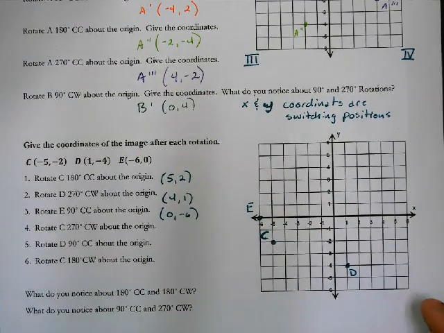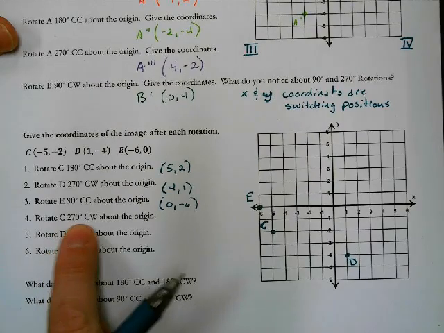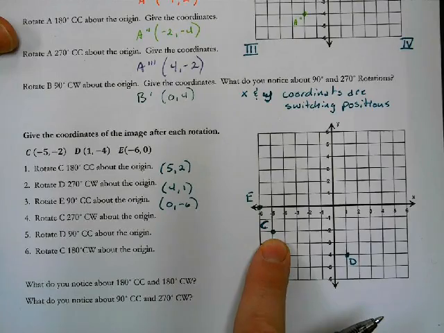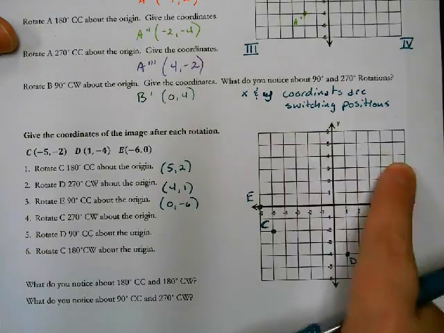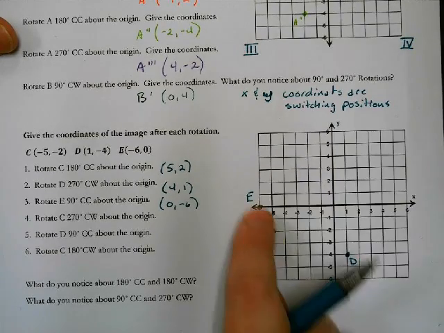Let's do C 270 degrees clockwise. Okay, here's C 270 degrees clockwise. 1, 2, 3. So we should move 3 quadrants because that's 3 90s. So 1, 2, 3, we should end up over here.